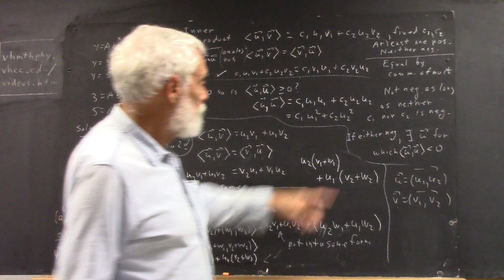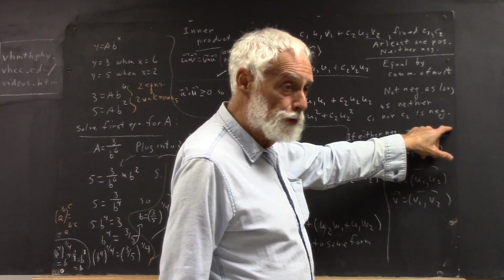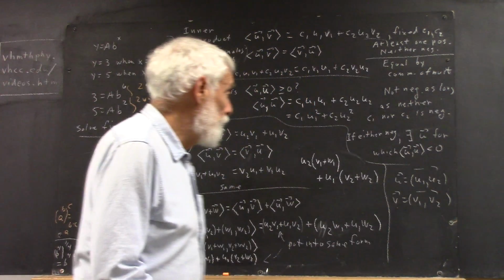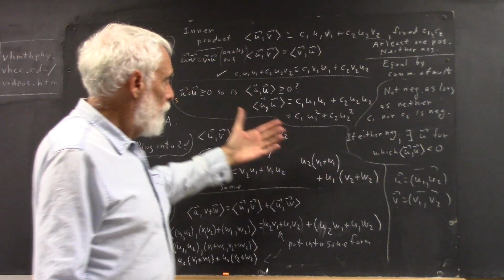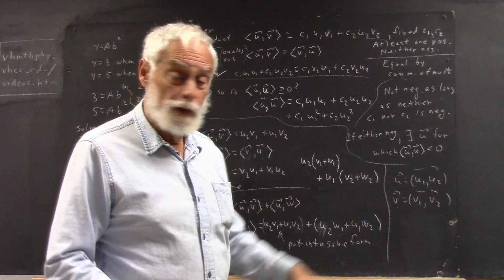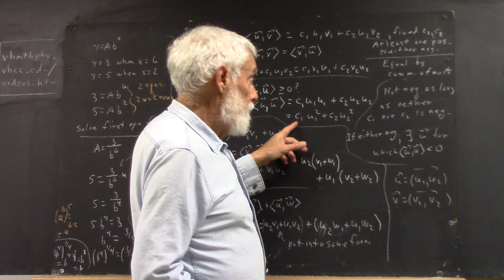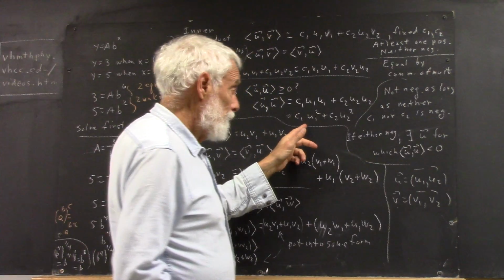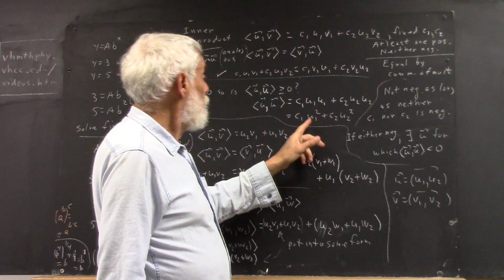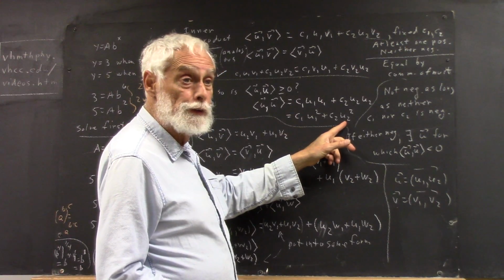So this is not negative as long as neither C1 nor C2 is negative. What I just said is, if either of these is negative, we don't have an inner product. If neither C1 nor C2 is negative, then neither of these terms can be negative, because U1 squared is not negative and U2 squared is not negative.